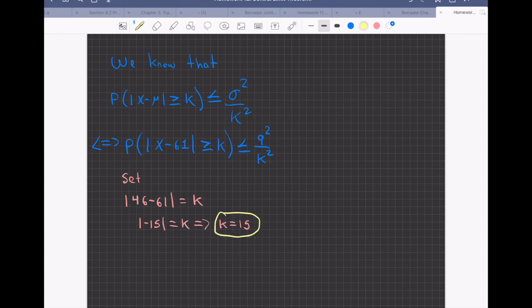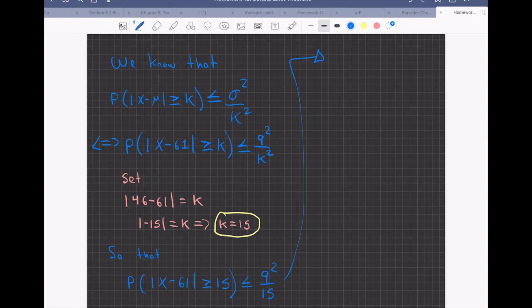Once you have the value for k, now we can compute the upper bound. So the probability that the absolute value of x minus 61 is greater or equal than 15 is no more than 9 squared divided by 15 squared.